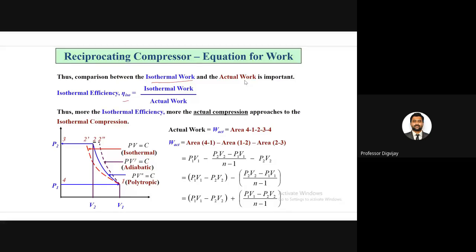Okay, now how to calculate this actual work here? This will be equal to the area 4 to 1 to 2 to 3 to 4. That means 4 to 1, then 1 to 2, then 2 to 3, and 3 to 4. We are interested in this area.